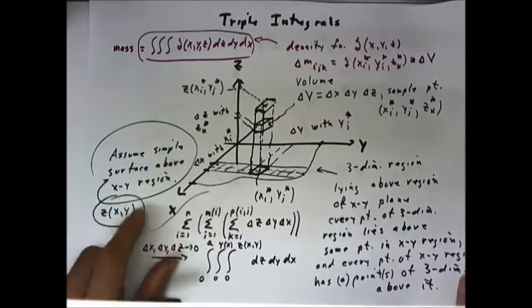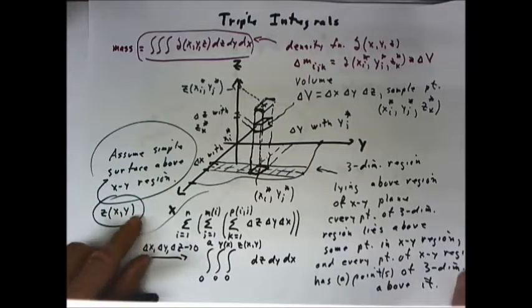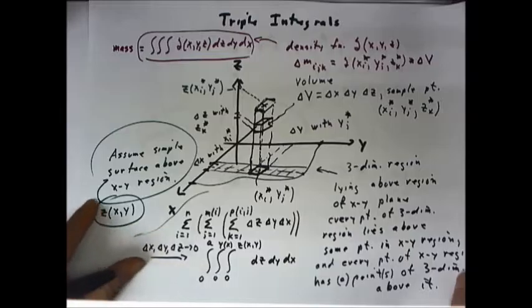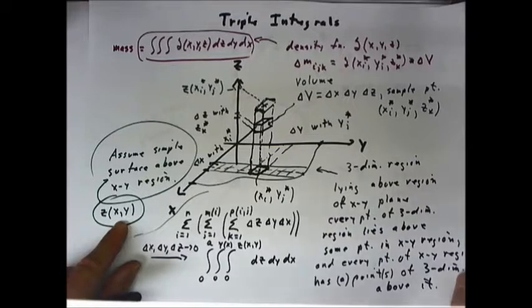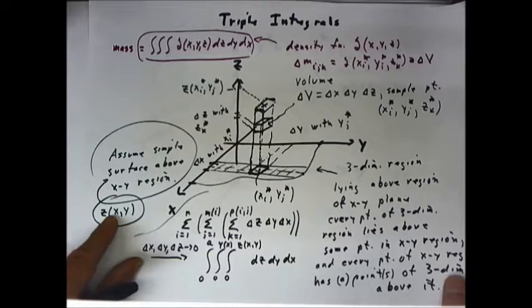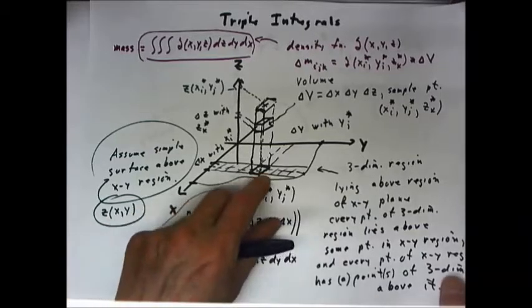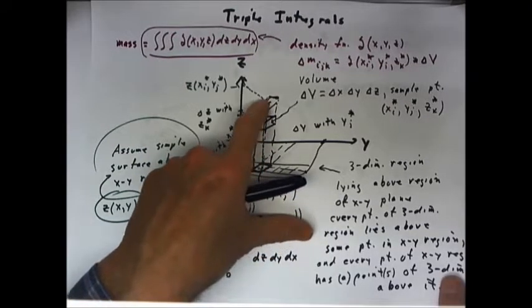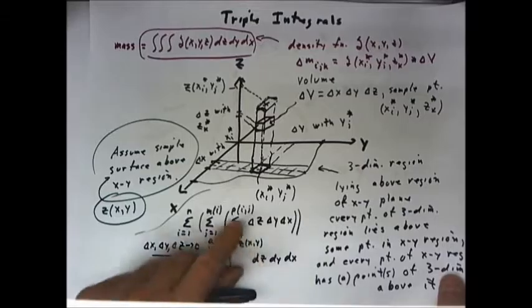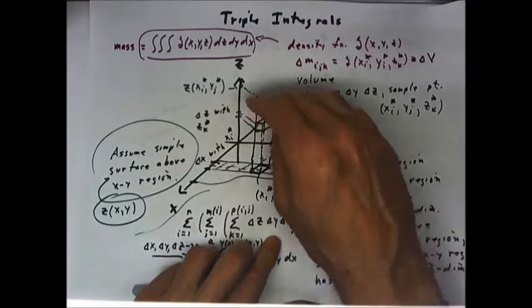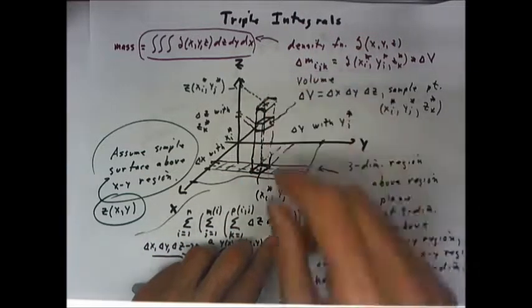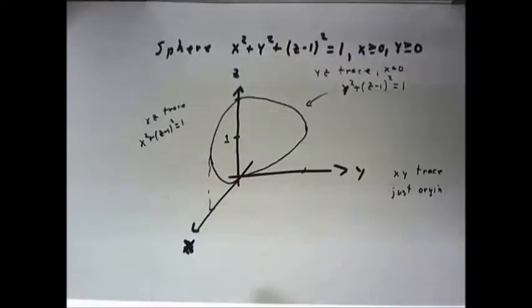That wasn't a very good term to use, but that indicated a region indicated by a single-valued function z of xy, so there was a single value z at which we encountered the surface. And the region was considered to be everything between the xy plane and that surface.